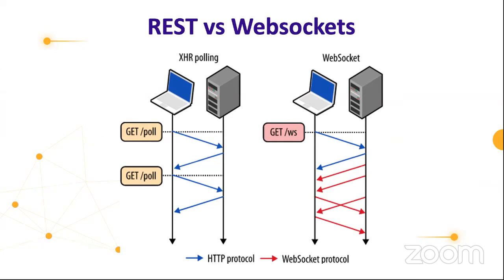I make a call, then I wait for 1 minute, then I make another call to the server, then I wait a minute again, then I make another call. That is the kind of thing we do when we need real-time updates. So there is only one way. You ask for something and the server responds. You ask for something, the server responds. But in WebSocket, what is possible? When you ask something, the server tells you something. Even the server can tell you something on its own, and it is in real time.